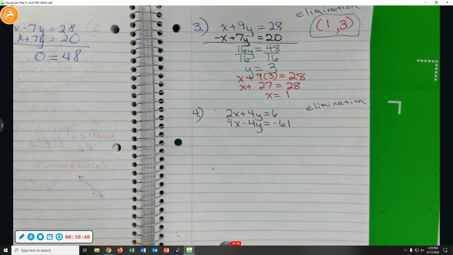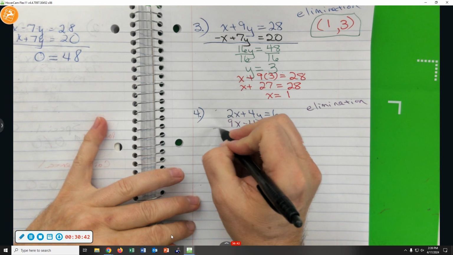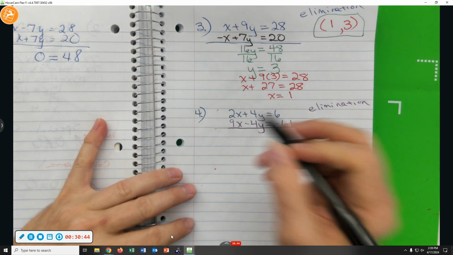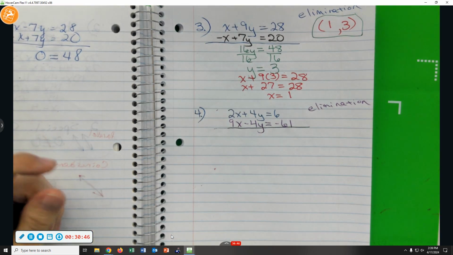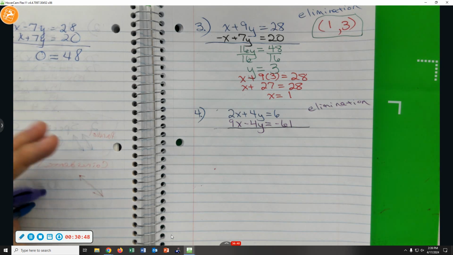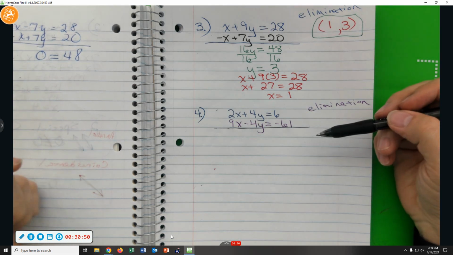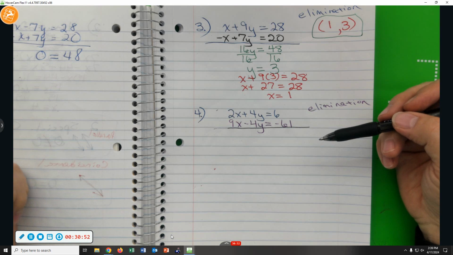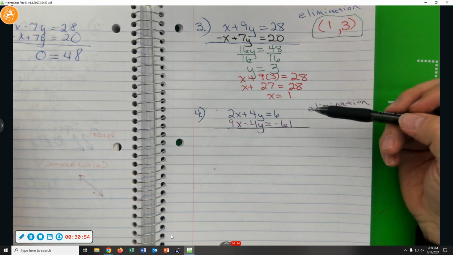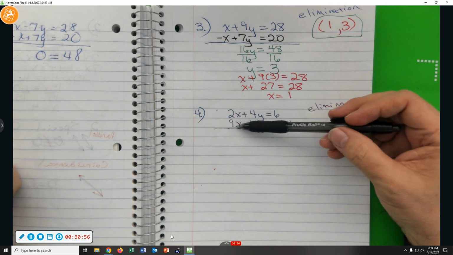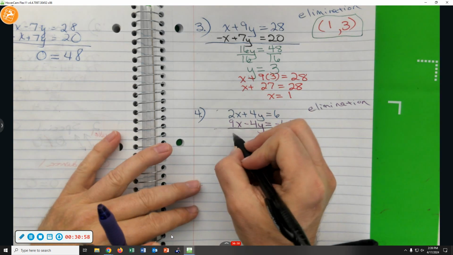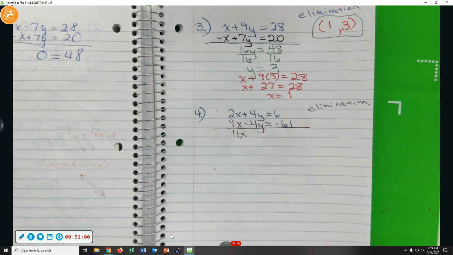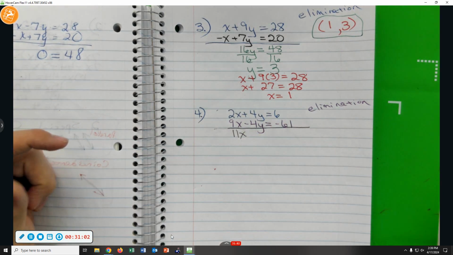So, we'll add the two together. And you see why I like elimination. As soon as you do this step, you know whether you have one of those special cases. 2x plus 9x, that's 11x. Okay, we still have an x, so it's not one of those special cases.